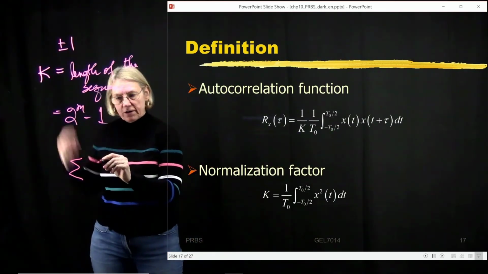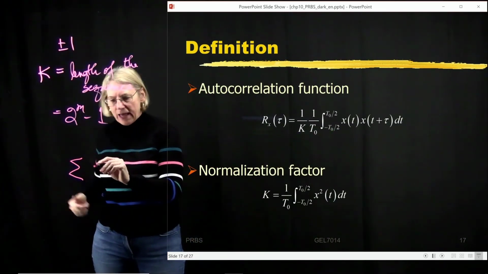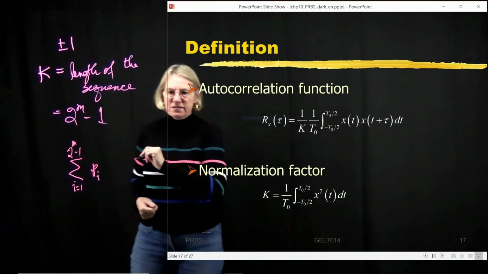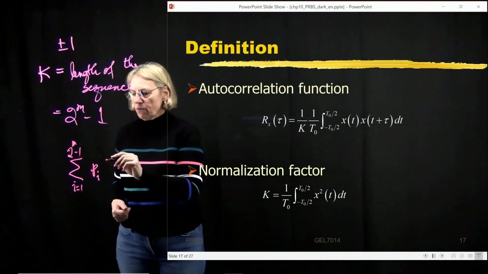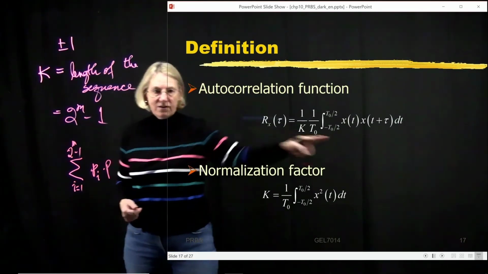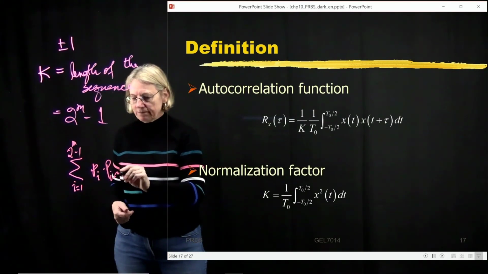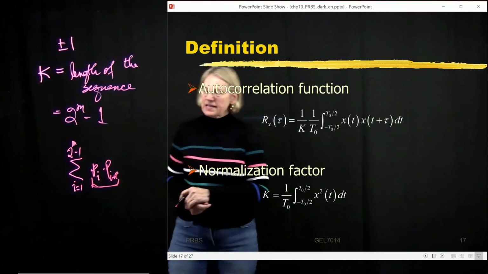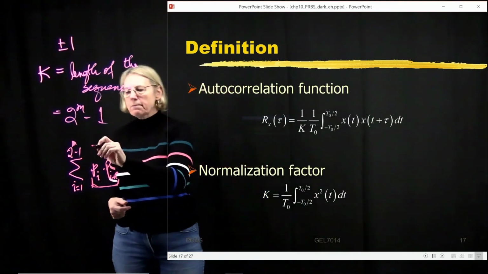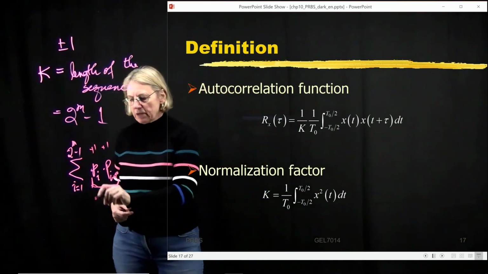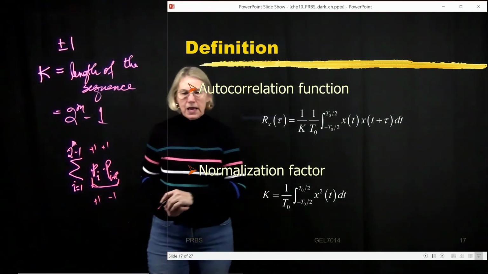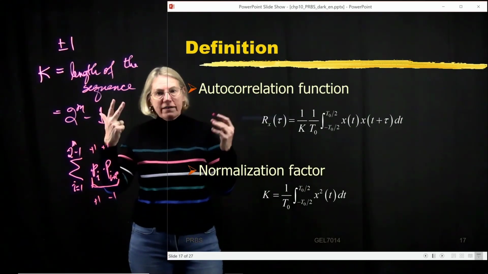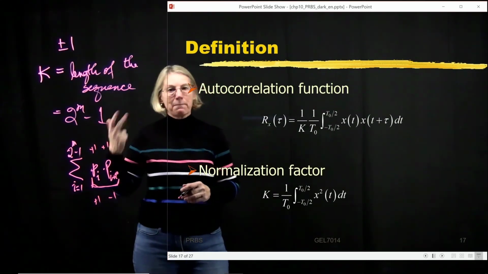I'm going to sum over all of the elements in the sequence, with the delayed version. When I sum it up, am I going to multiply a plus 1 with a plus 1, or a plus 1 with a minus 1? When I multiply a plus 1 with a plus 1, I get a 1, a minus 1 with a minus 1 gives a plus 1, and a plus 1 with a minus 1 gives a minus 1.